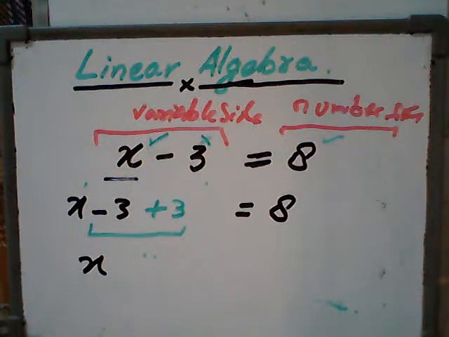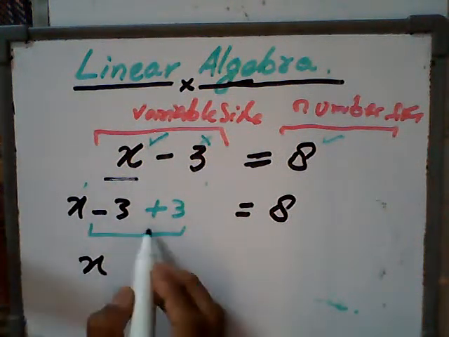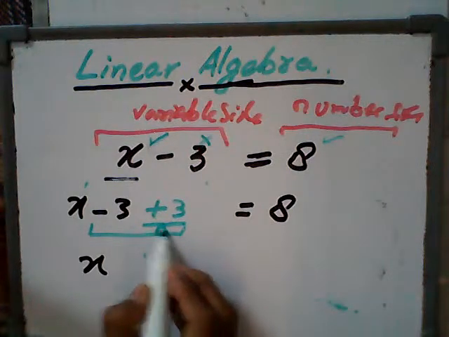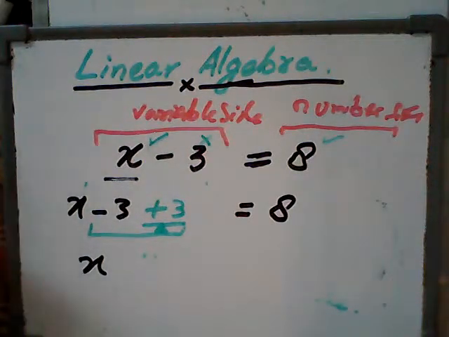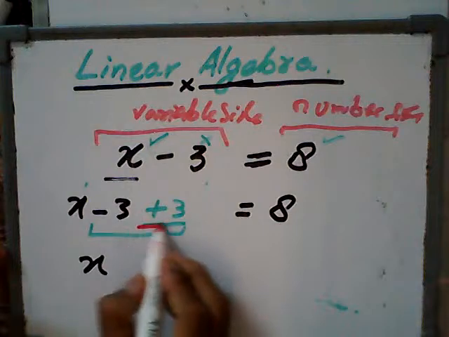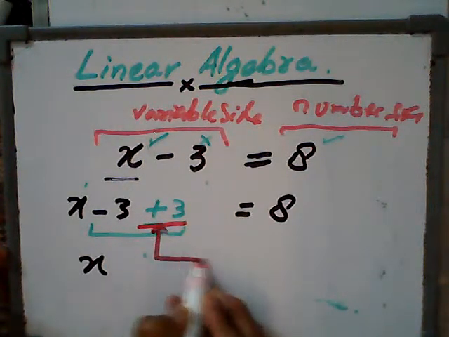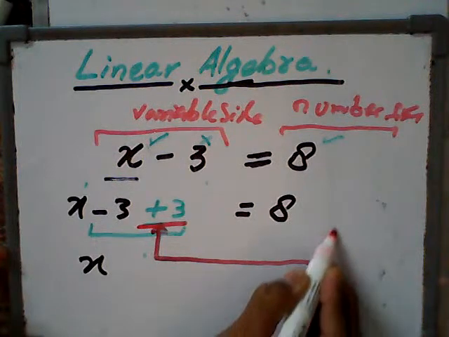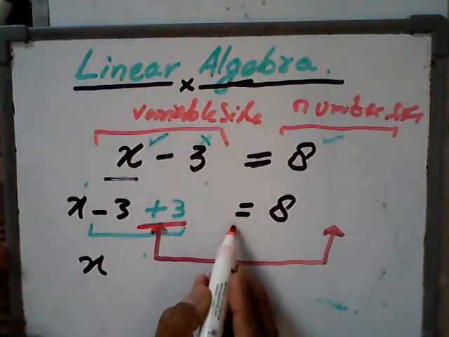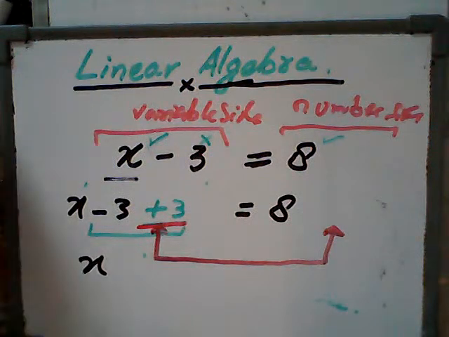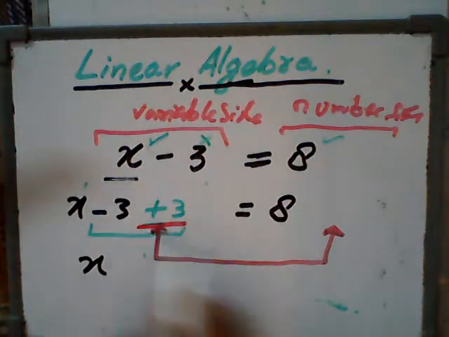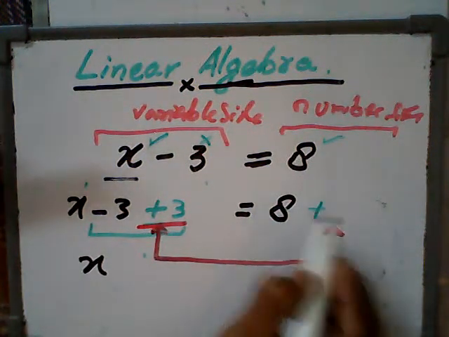But whenever we do +3 here, to make this equation balance, because we have added +3 here, we'll do the same thing, +3, on the other side.